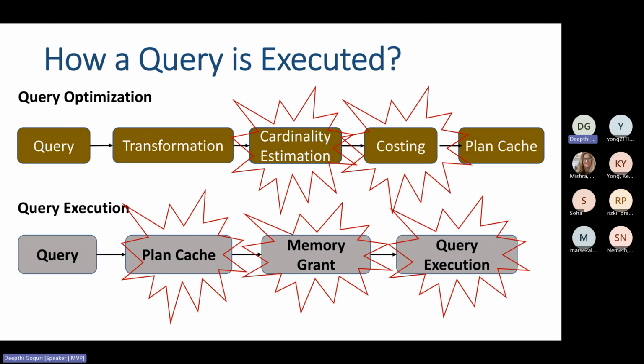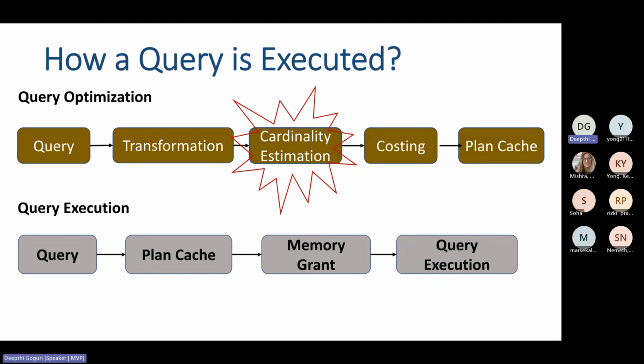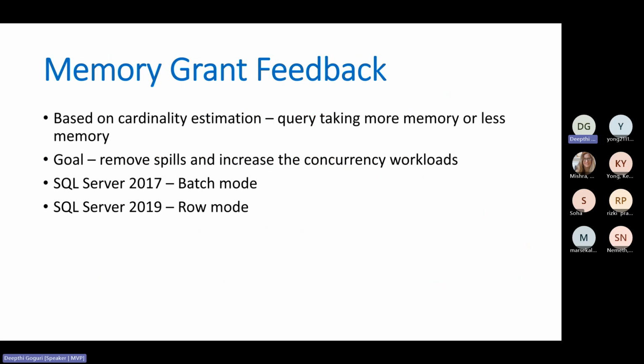Now, why am I even talking about all of this, right? Because to understand memory grant feedback, that's how important memory grant is. Even before the query gets executed, the memory grant is allocated for the queries. Until now, it is up to us to always look at those statistics, whether they are updated, whether your queries are using the proper cardinality estimates.